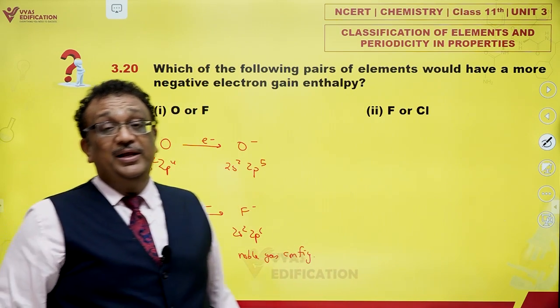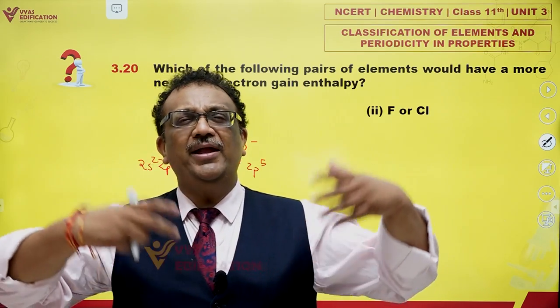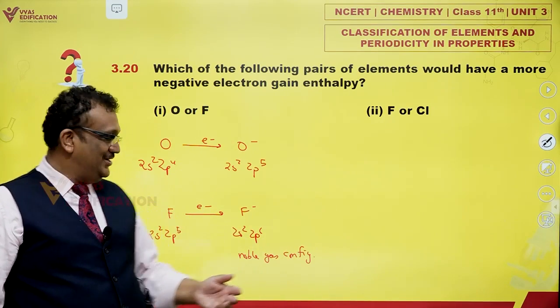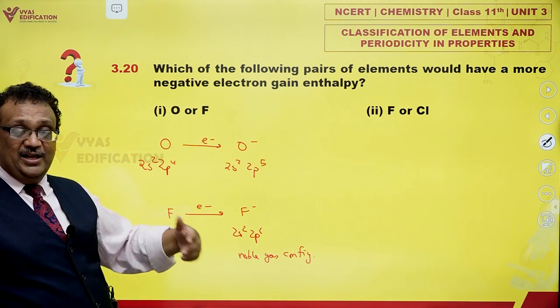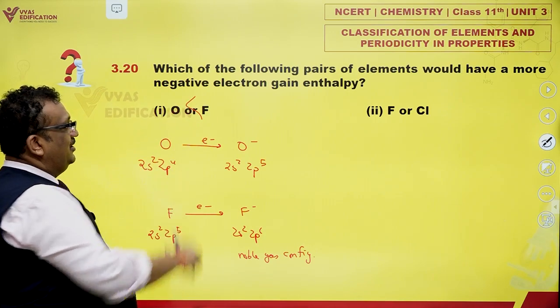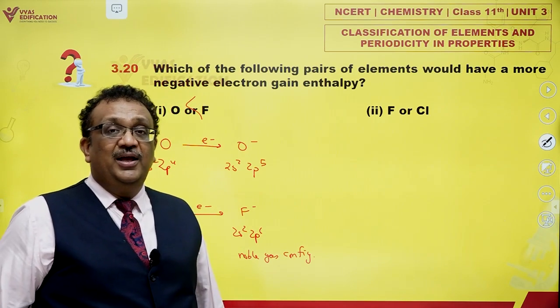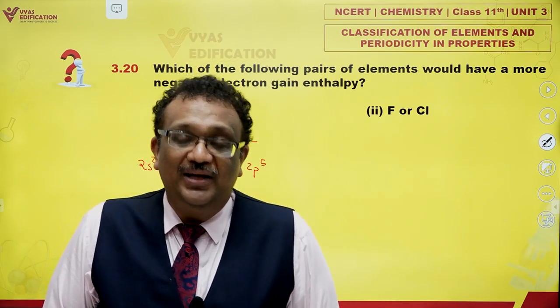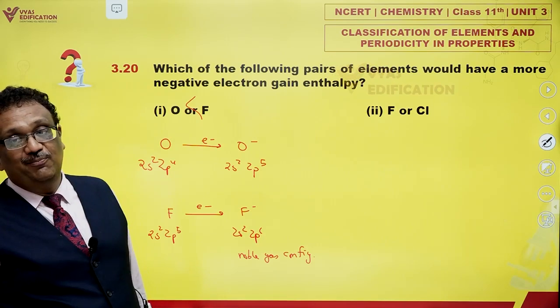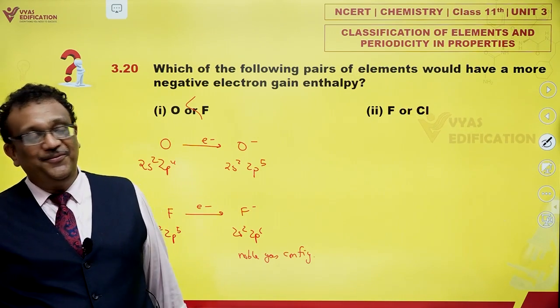The moment noble gas configuration is attained, there is great happiness. And naturally, the more the happiness, the more is the energy released. So you find that fluorine is more exothermic, it is more negative as compared to oxygen when it comes to release of energy during electron gain. So electron gain enthalpy of fluorine is more negative as compared to oxygen and more exothermic.